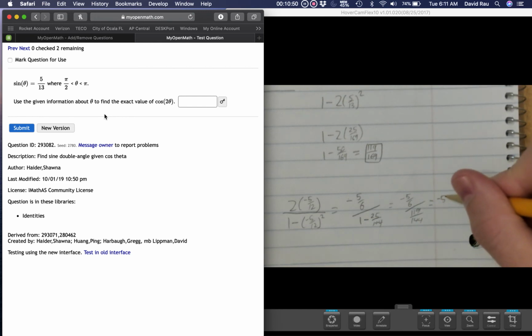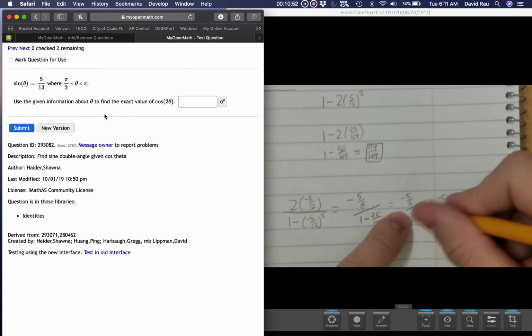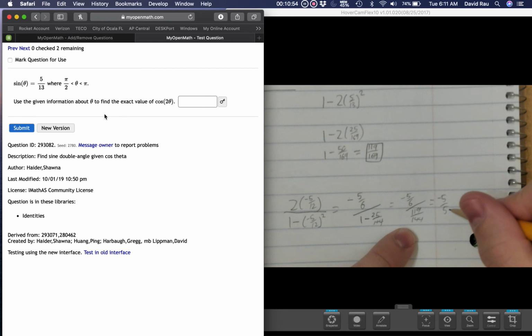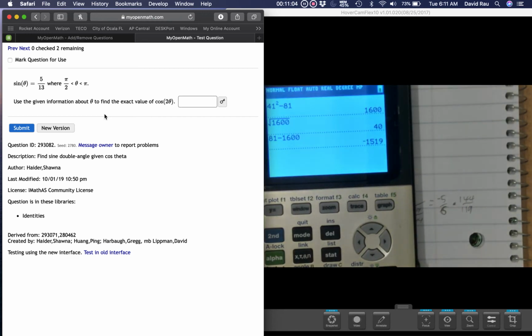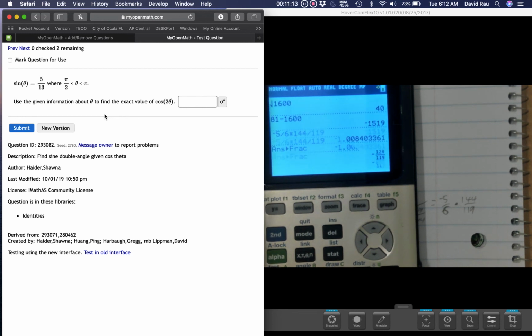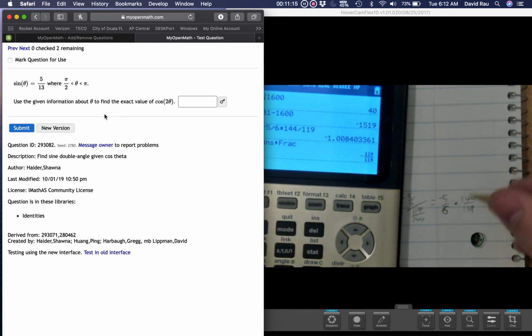So I really have negative 5/6 divided by this bottom fraction. In other words, I have negative 5/6 multiplied by the reciprocal. And let's use a calculator to finish that off. So negative 5 over 6 times 144 over 119. And we can press math fraction on that. And I got negative 120 over 119.